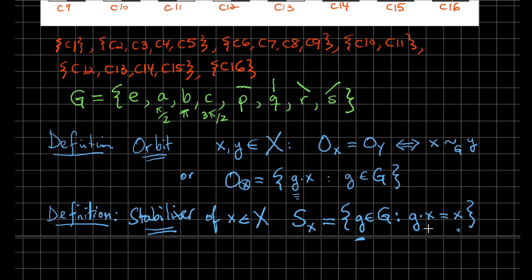So for example, consider the case of say coloring 1. What would be the stabilizers of coloring 1? Identity would be one of them, obviously.